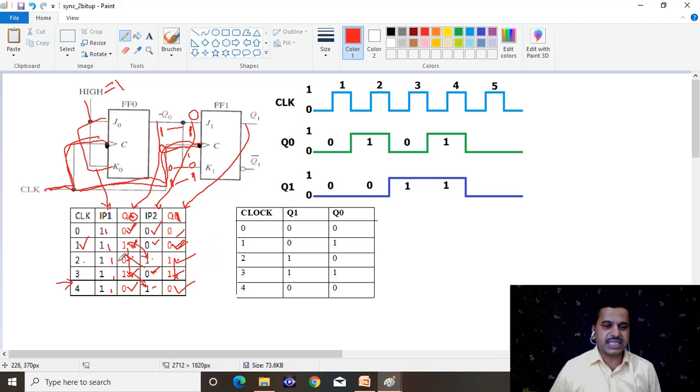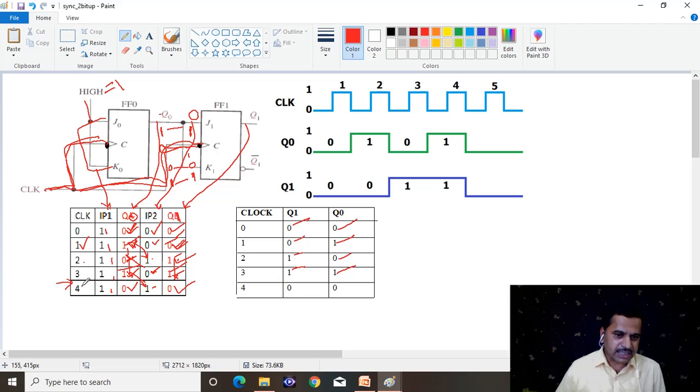Now we summarize the output after each clock pulse. Initially it is 0, 0. After the first clock pulse, it is 1, 0. After the second clock pulse, the first flip-flop is 0 and the second is 1. When the third clock pulse is applied, 1, 1.